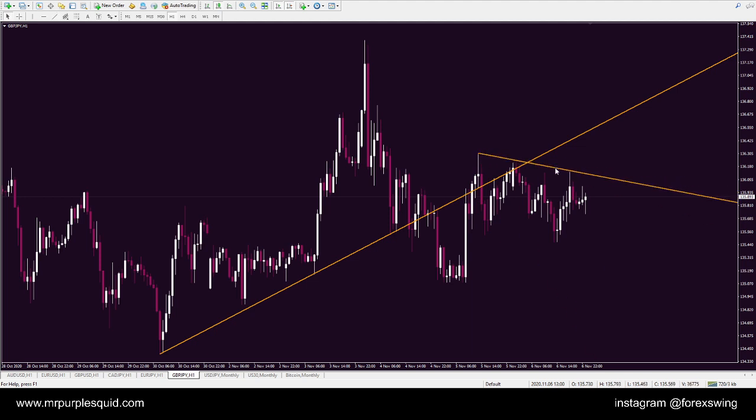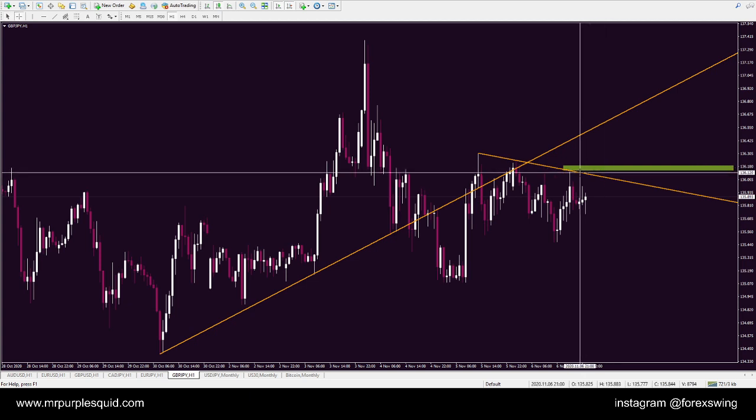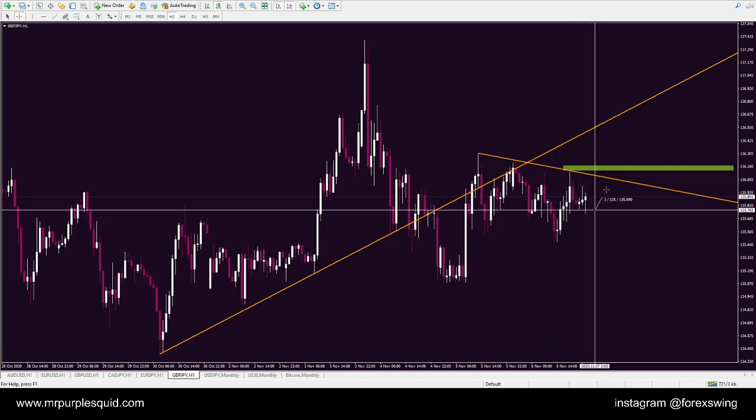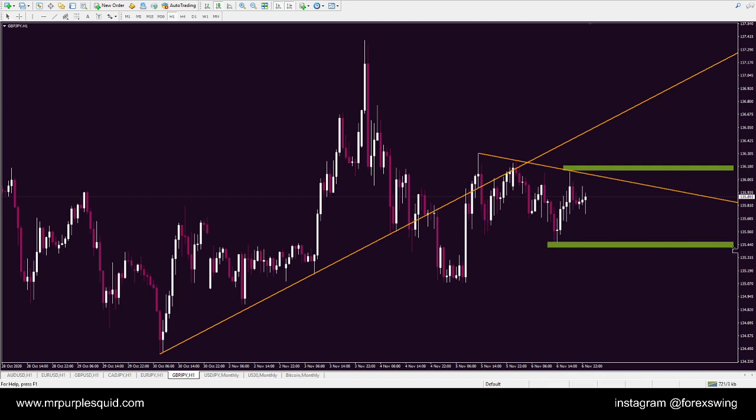Bearish trend. So yeah, on the H1, if I get a strong break of this side without breaking this low, I would definitely buy.